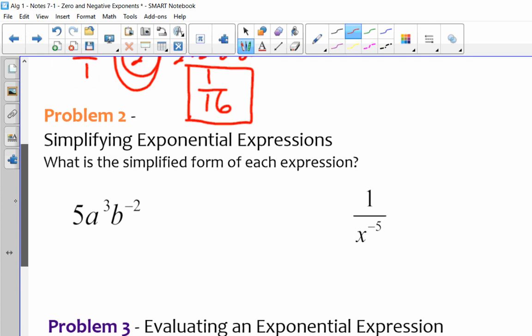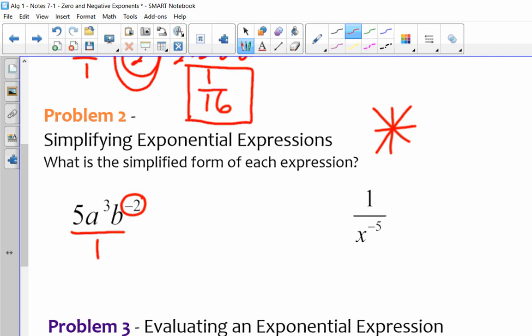All right, now this gets a little bit difficult here, so it's really important that you maybe come back to this set of notes or these examples and look at them, right? Now this -2 here is not a -2 exponent to everything, it's just to the b.